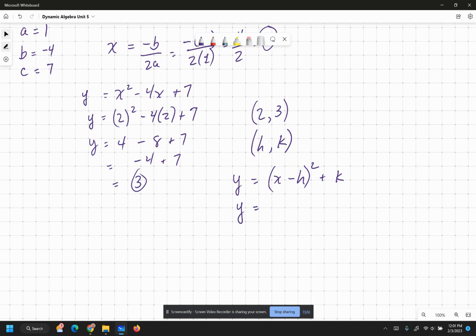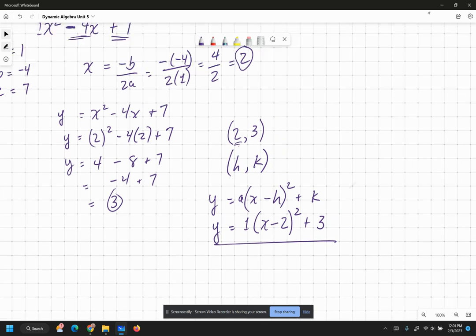Since our a is 1, we know that's going to be 1 times x minus h. So that's minus 2, because our vertex is 2, 3, squared plus 3. And there you go. You've got it in vertex form.